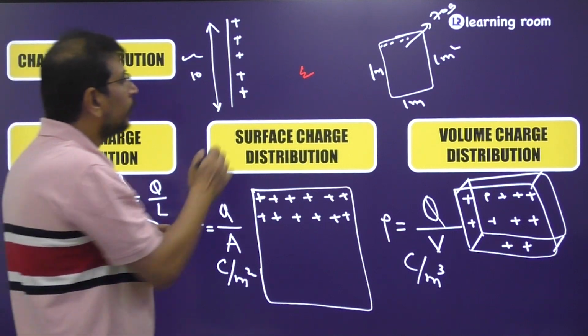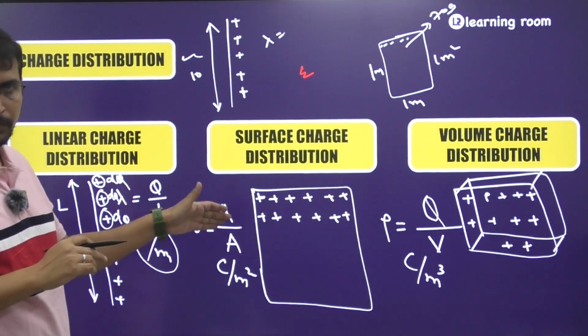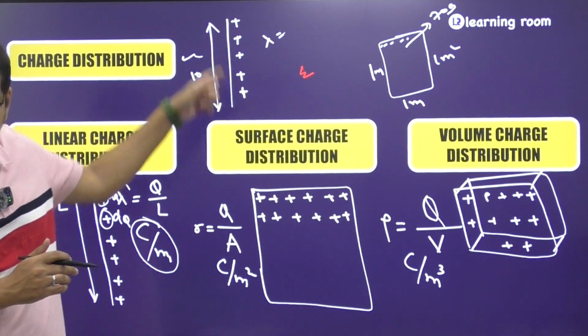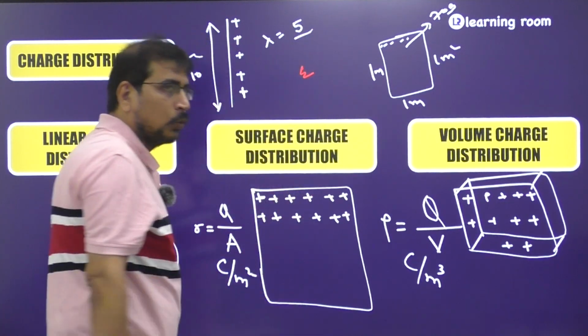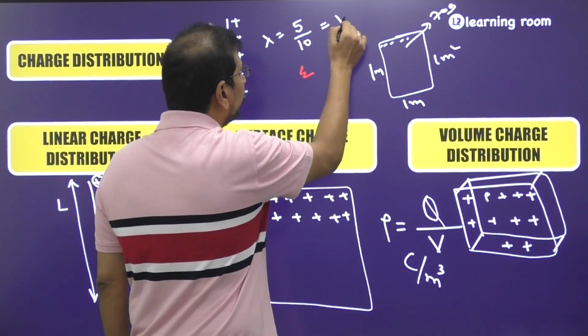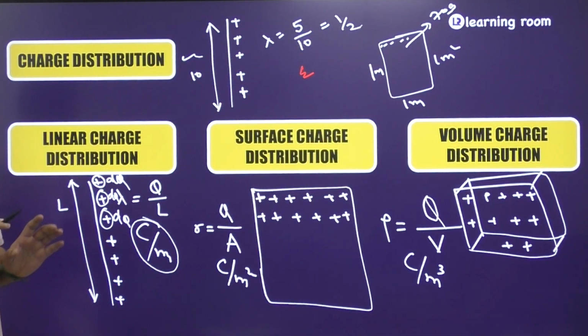Now, what is going to be the value of lambda in this case, in terms of numbers? Count each positive charge as 1 unit. How many such units are there? 5. So 5 units are distributed over a length of 10 units, and the value of lambda is going to be half coulomb per meter, or whatever it is, unit per unit.